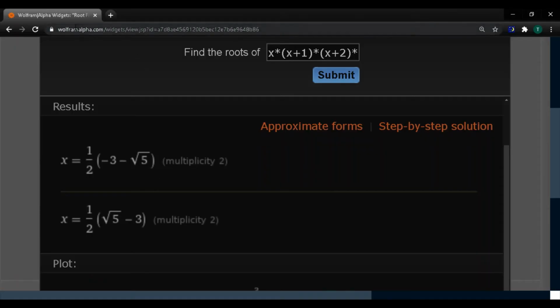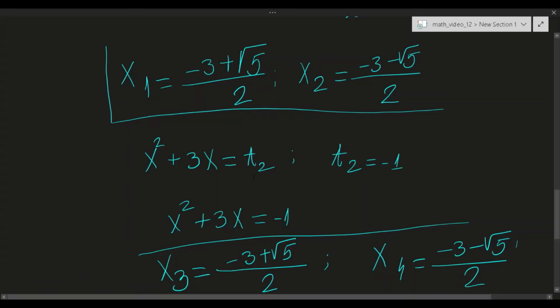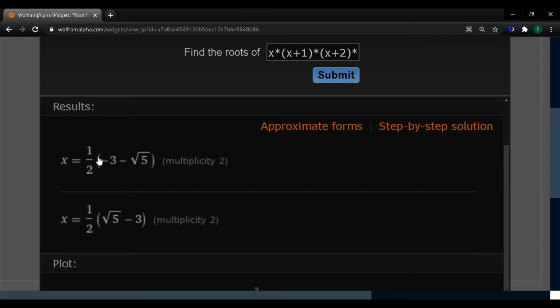We can go to Wolfram, and as you can see, these are the roots. Here you can multiply, and although they have written it differently, when we simplify, the result will be the same. Here it is written multiplicity 2, which means it has 2 roots, and here it is also 2 roots.